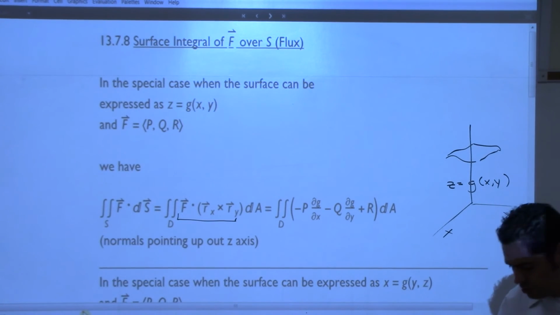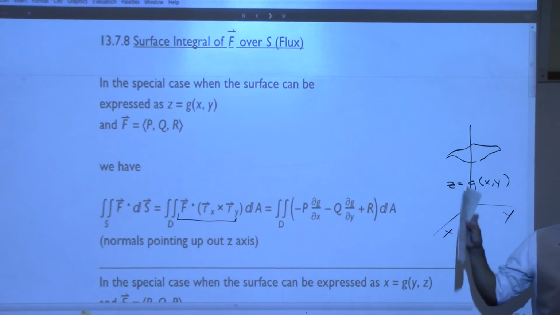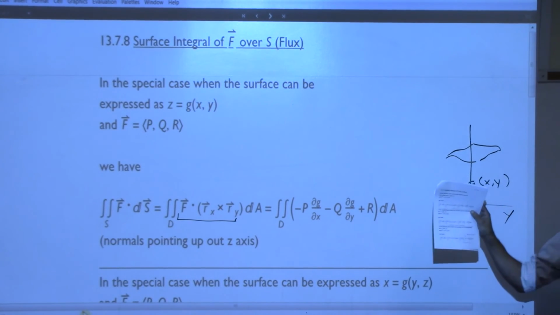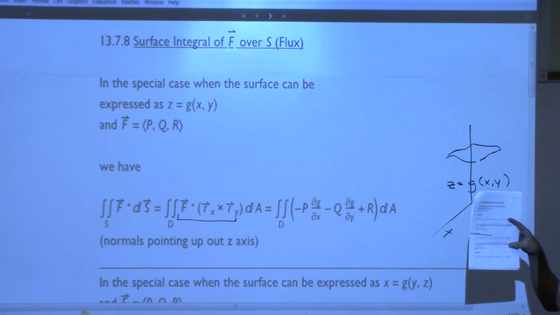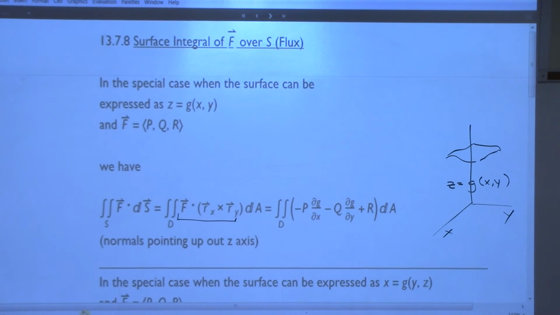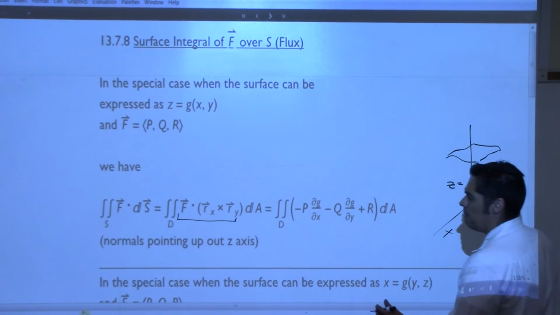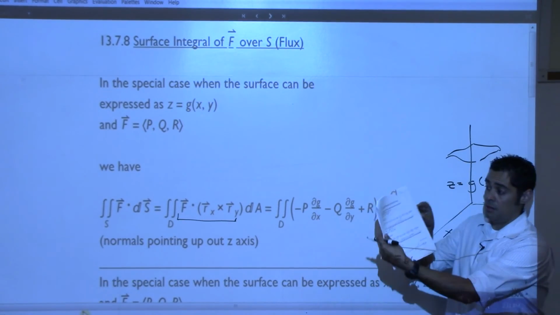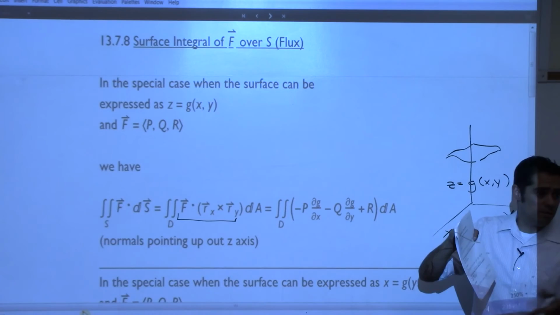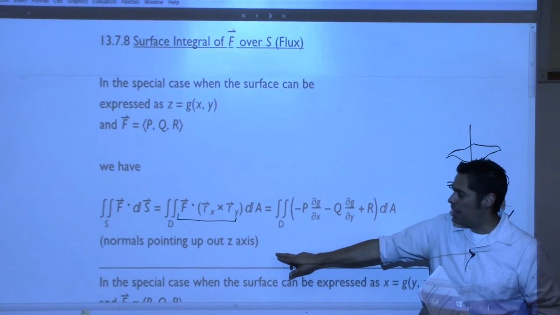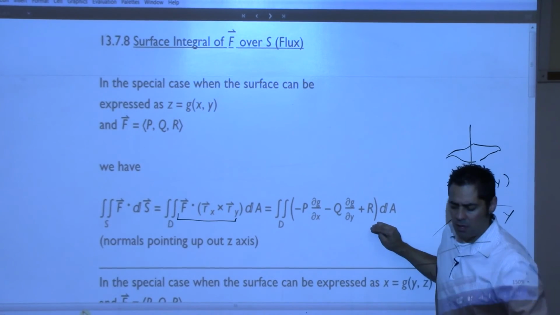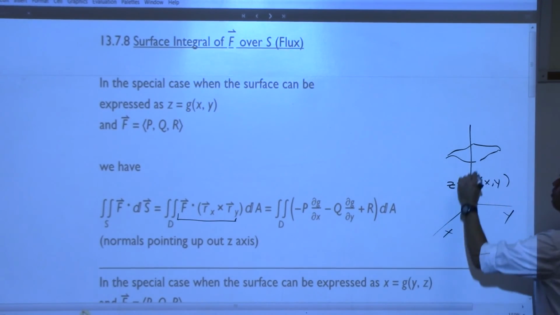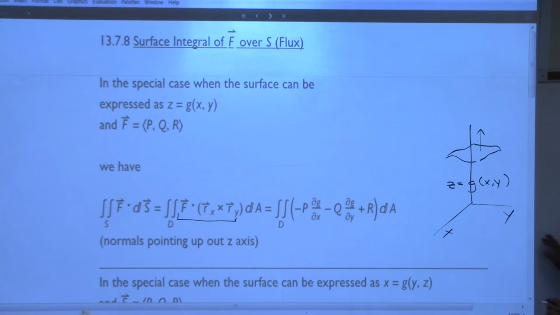Okay, what I recommend you do is go to the notes I provided for this section online, because I have notes for all three special cases. All right? So it's this formula, and on the notes that I provide for you online, I know for some of you I do not include this, so you might want to add this note in there. This is the formula if you're looking at your normals as pointing up out of the z-axis.